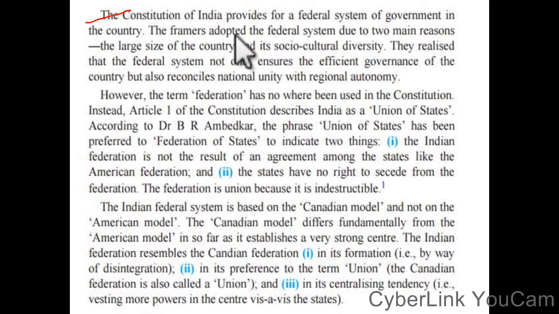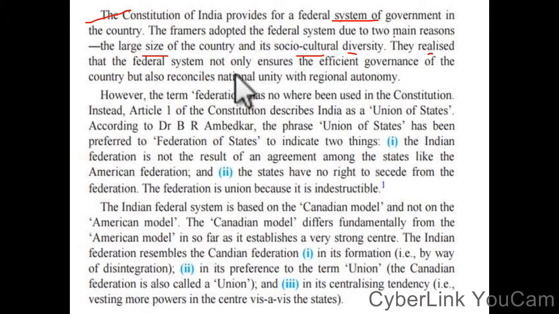The Constitution of India provides for a federal system of government in the country. The framers adopted the federal system due to two main reasons: the large size of the country and its socio-economic diversity.